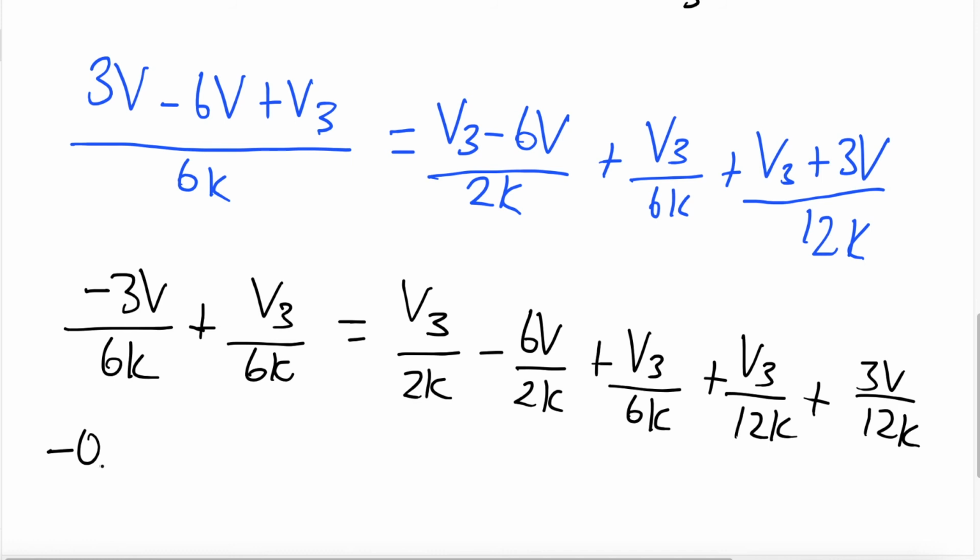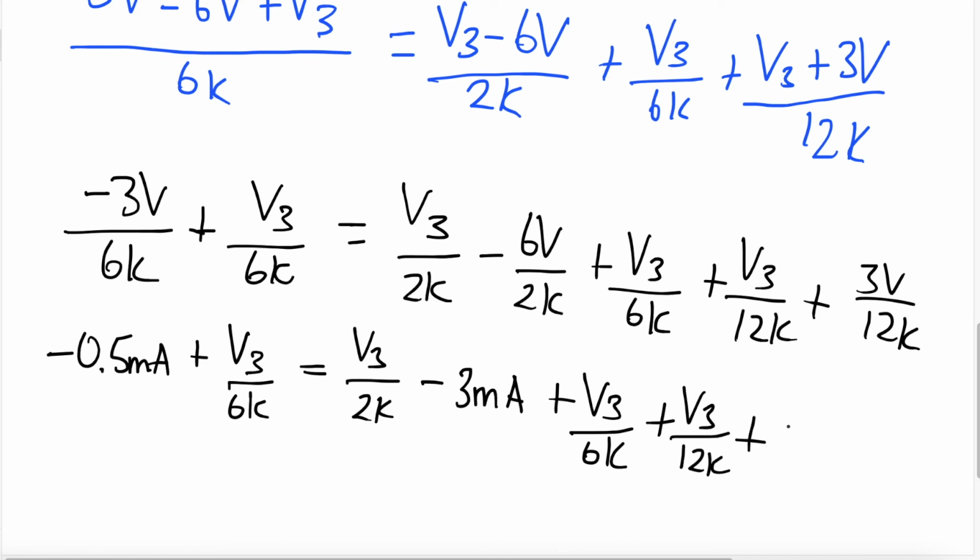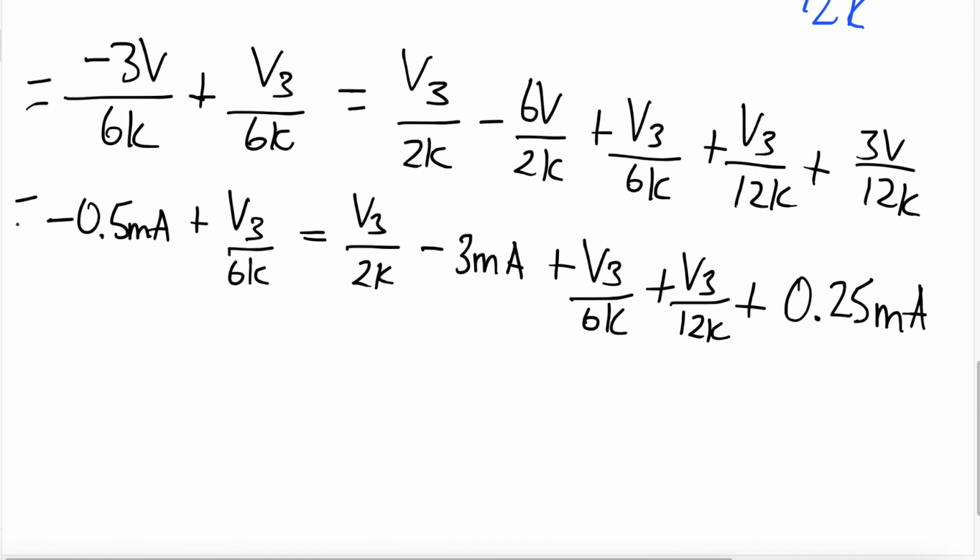So we have negative 0.5 milliamps plus V3 over 6K is equal to V3 over 2K minus, then we have minus 6 volts over 2K, which is equal to negative 3 milliamps, because 6 divided by 2 is 3, plus V3 over 6K plus V3 over 12K, and then we have 3 divided by 12, which is just 0.25 milliamps. Now we're going to simplify this even further. Let's see what we get.